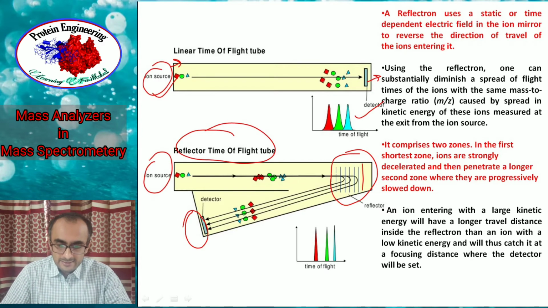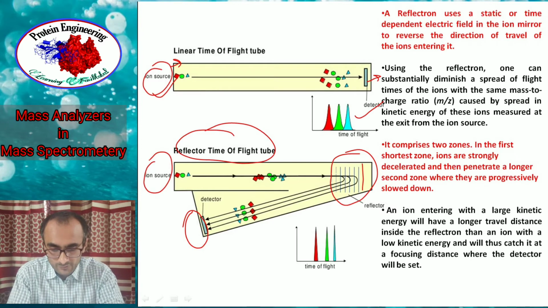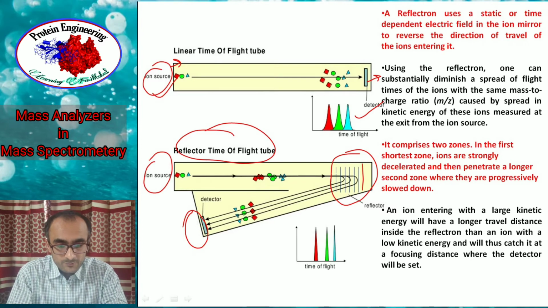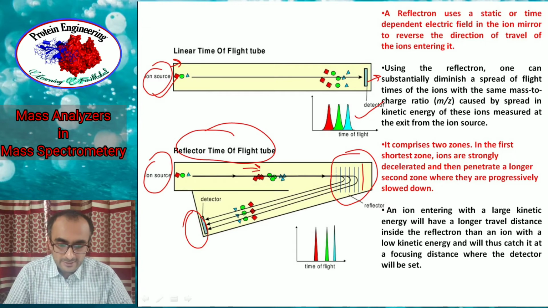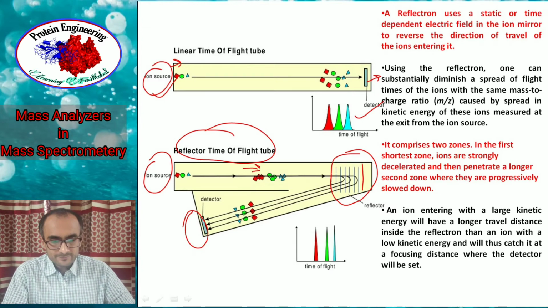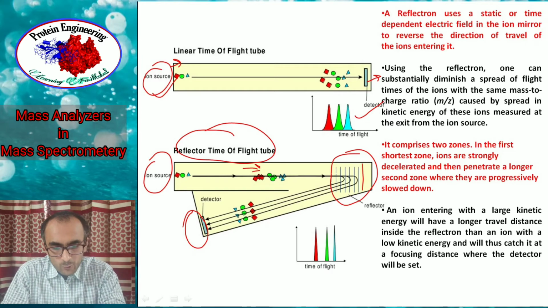Basically this reflectron comprises two zones. The first is the shortest one, where ions are strongly decelerated. But in the reflectron, first deceleration occurs and then the ions penetrate a longer second zone.